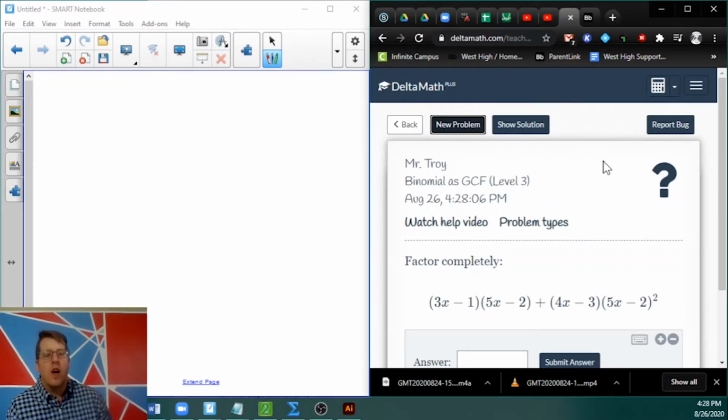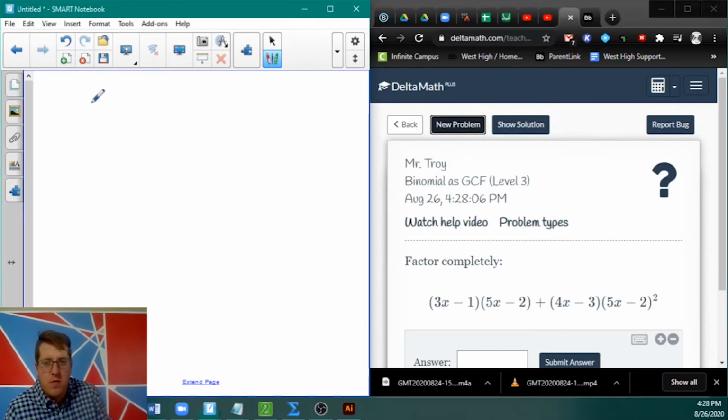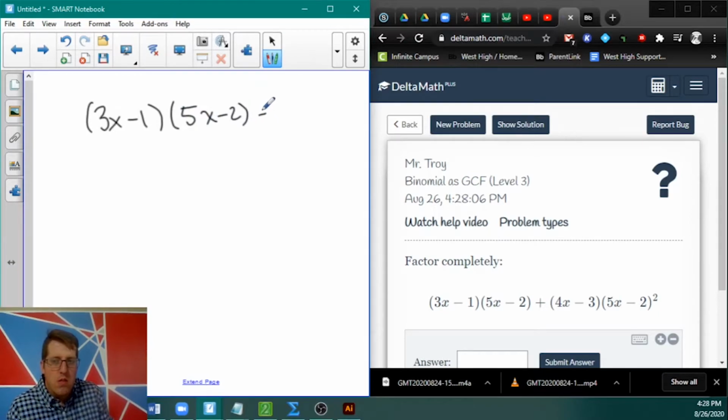Okay, so I notice that each one has a 5x minus 2, but the other one is 5x minus 2 squared. So let me write this down. 3x minus 1. I haven't done a problem like this in quite a while, so it's kind of fun. Plus, I'm going to run out of space. This always happens. 4x minus 3 times 5x minus 2 squared.